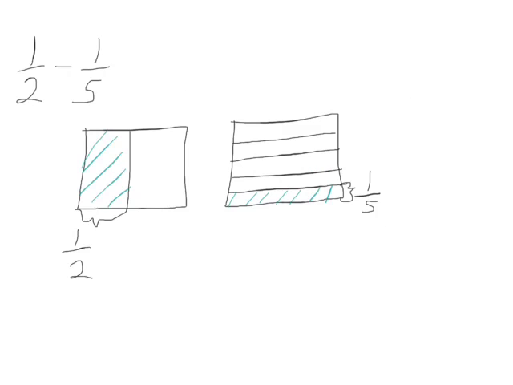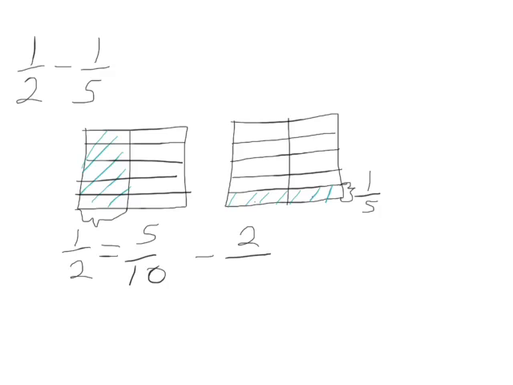Here we're starting with 1/2 and subtracting 1/5. First we'll get our common units. Our common unit will be 10. So 1/2 equals 5/10. 1/5 equals 2/10. We're taking 5/10 take away 2/10.